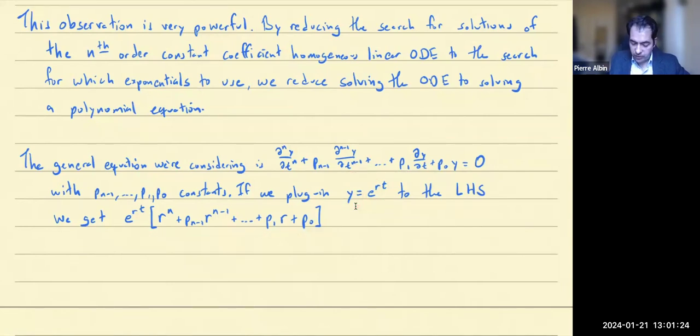It's going to be a solution when this vanishes, since the exponential never vanishes. That's when this polynomial vanishes, right? So this polynomial is going to be key. We give it a name. We call this polynomial, or let's be explicit, we call the polynomial, right? So I'm leaving out the exponential factor.